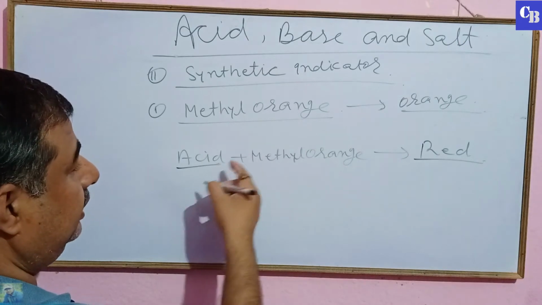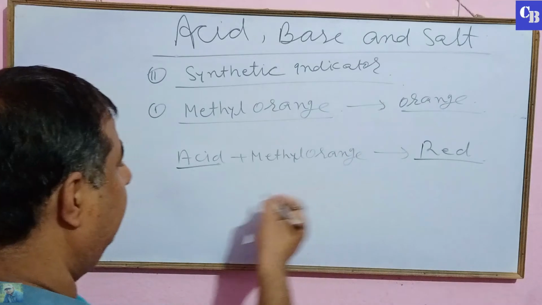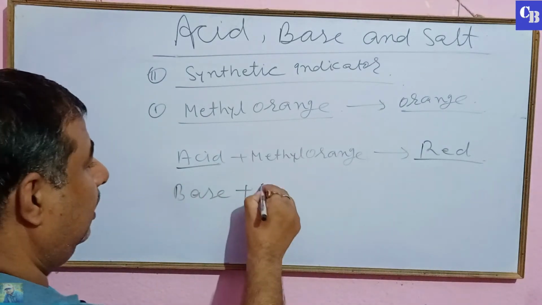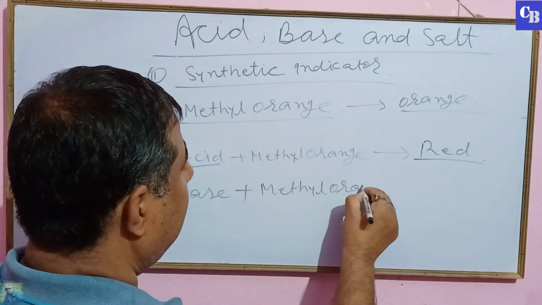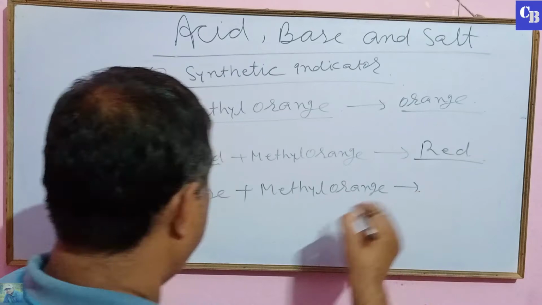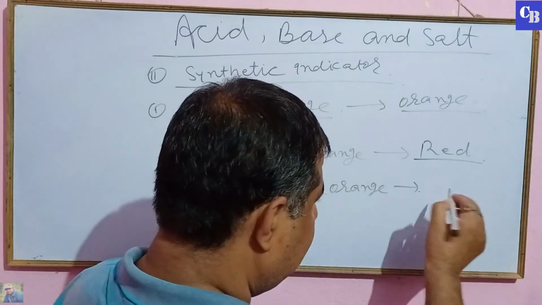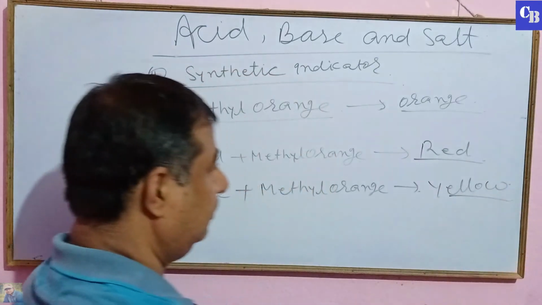Acid changes the color of methyl orange from orange to red. In base, methyl orange changes color from orange to yellow.